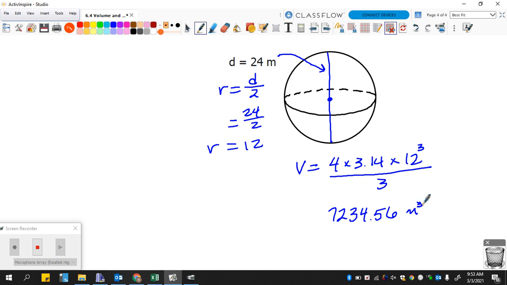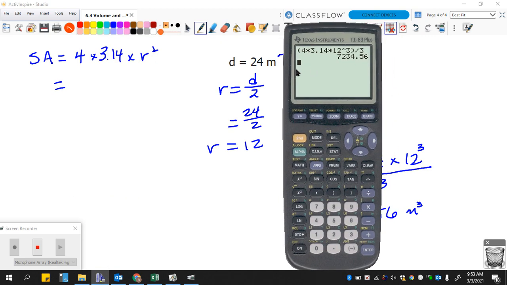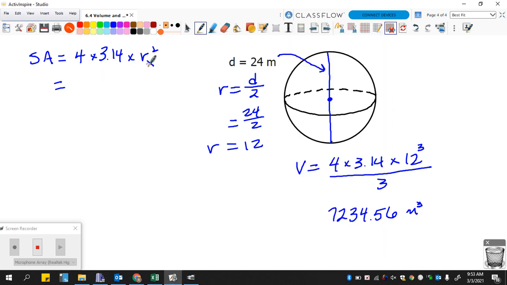Okay, and to find the surface area is just 4 times pi, or 3.14, times the radius squared. Okay, plug that into the calculator. Okay, so remember the radius is 12.